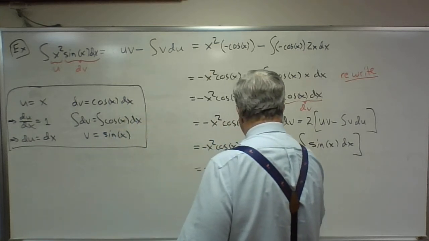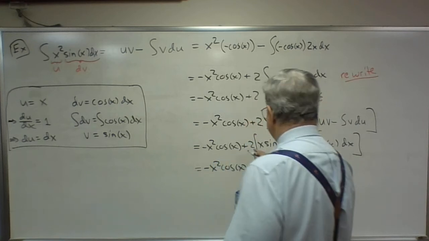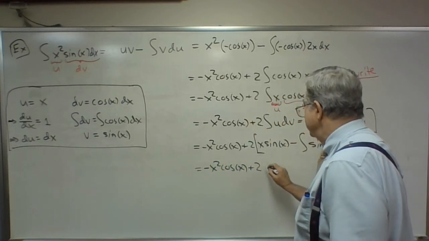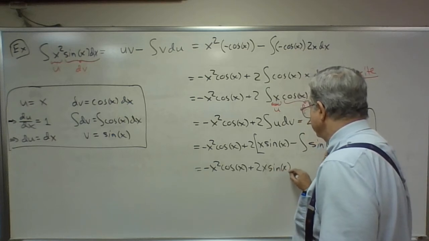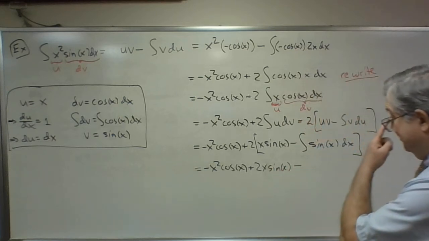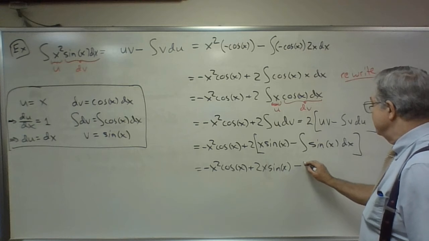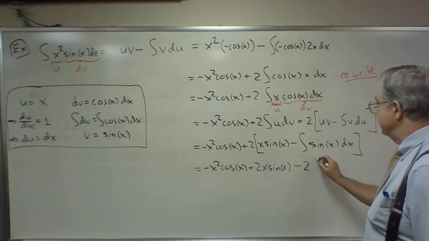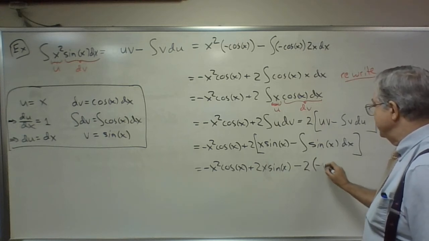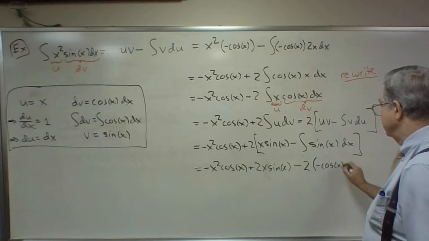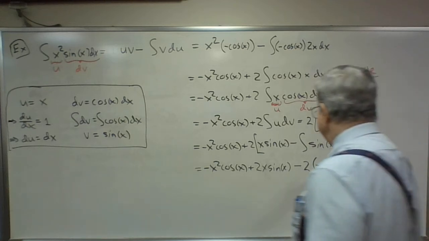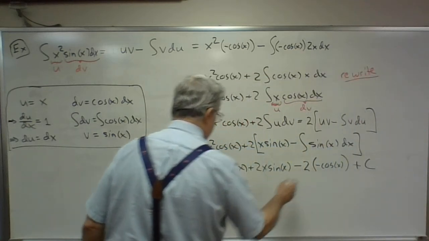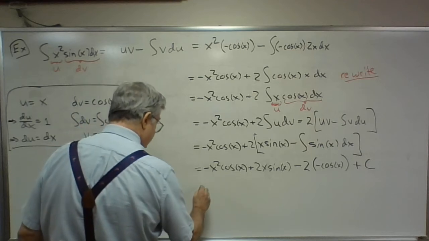Two times x sine of x, minus 2 times the antiderivative of sine of x, which is negative cosine of x. No more integral, so I can add a plus c now. And I'll just tidy up what I have here with those 2 adjacent negative signs.